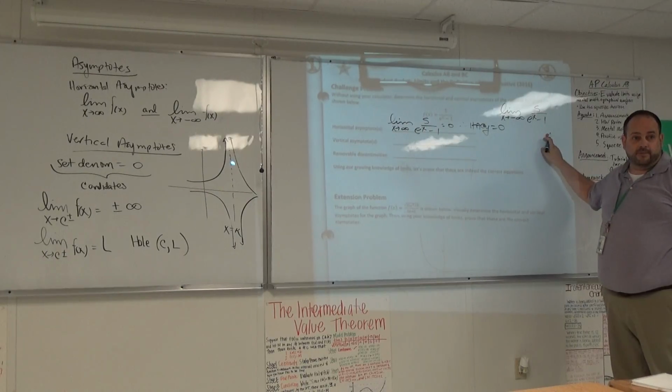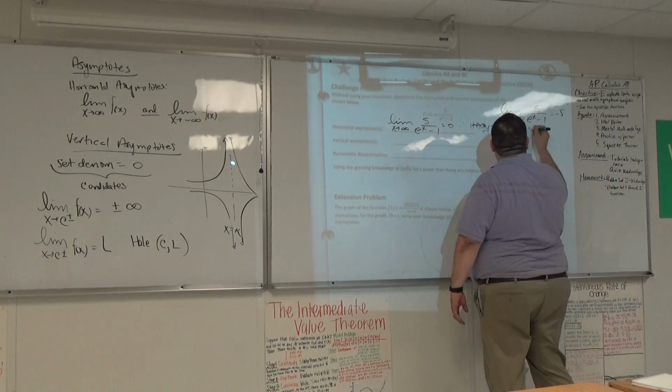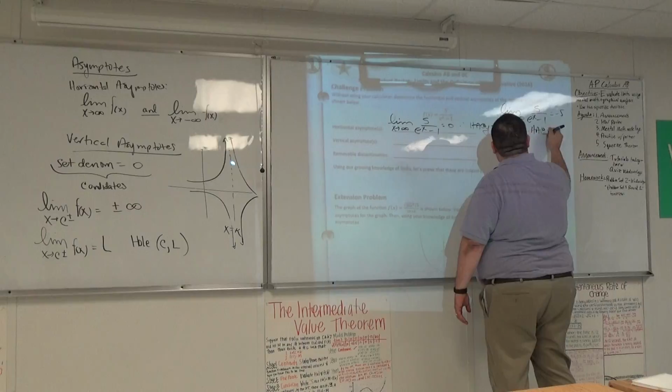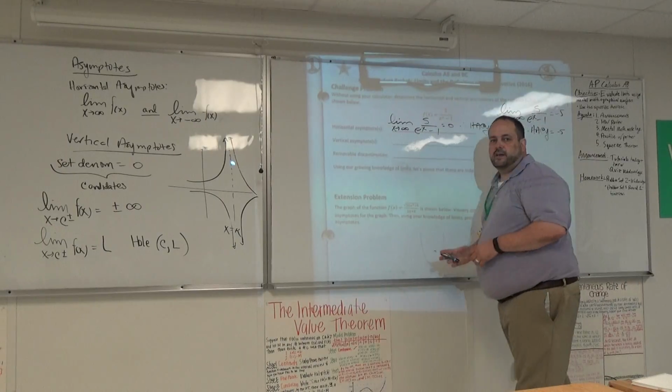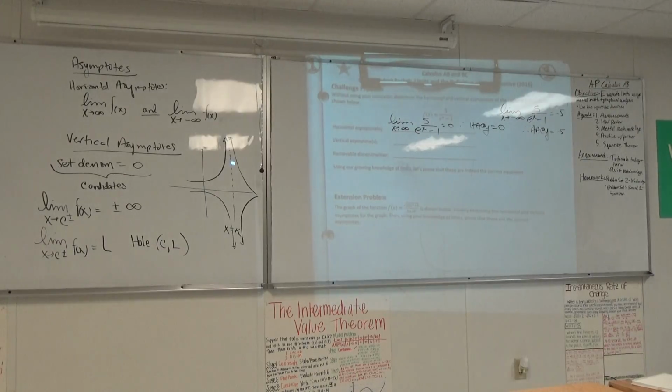Subtract 1. You're going to get negative 5. So therefore, you have a horizontal asymptote at y equals negative 5 as well. See you guys later. If it's not polynomial over polynomial, you have to check both. See you later.